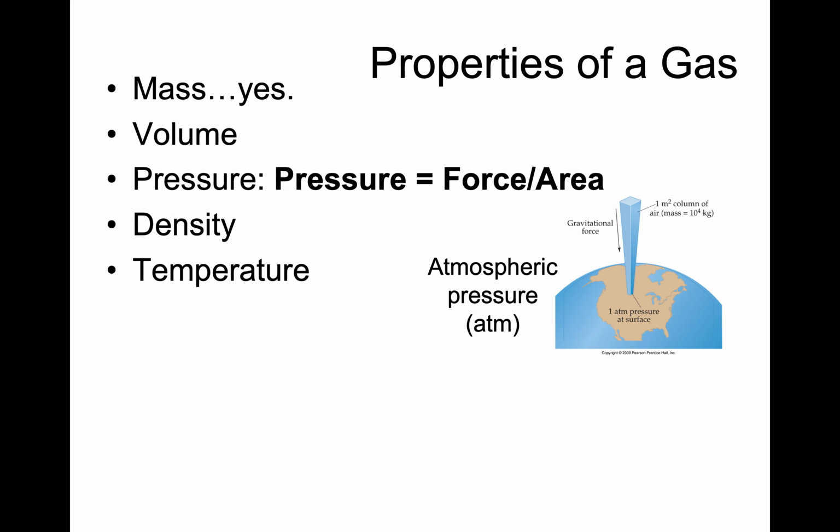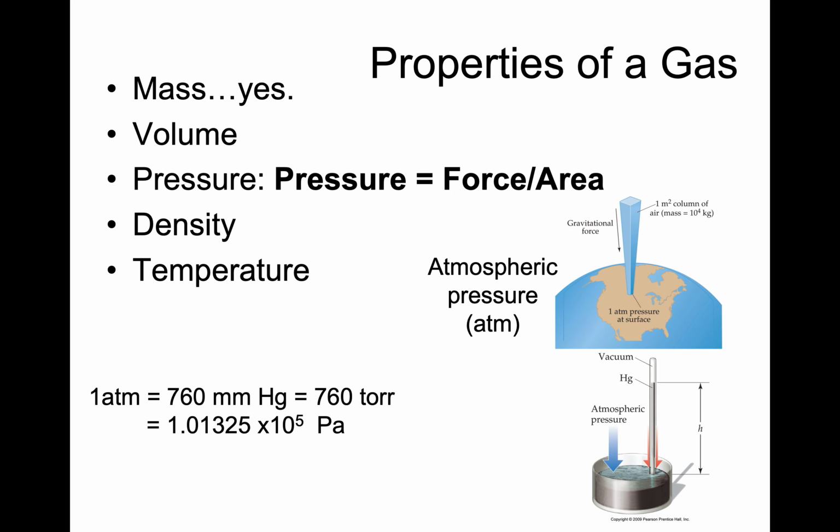How about these other ones? Pressure? Pressure is the force divided by the area. We typically see units of atmospheres. 1 atm is also 760 millimeters of mercury, or 760 torr. Where that comes from is, imagine you have a container of mercury and this column that's sealed at the top. Atmospheric pressure pushes down on the mercury and causes it to rise up in the column.